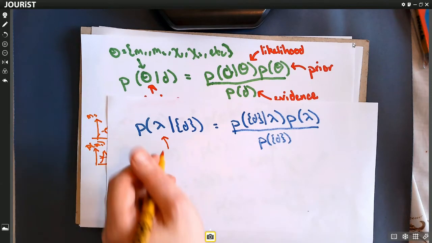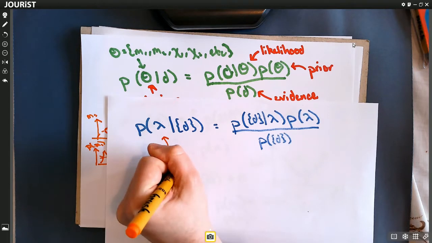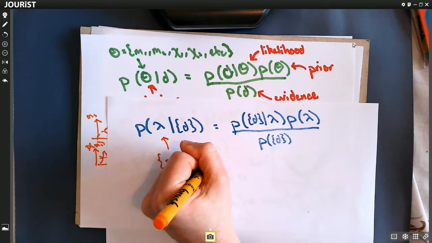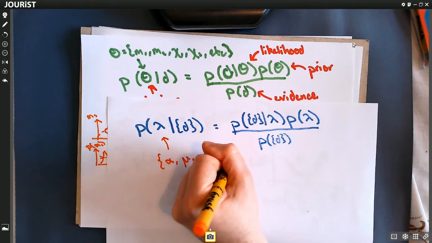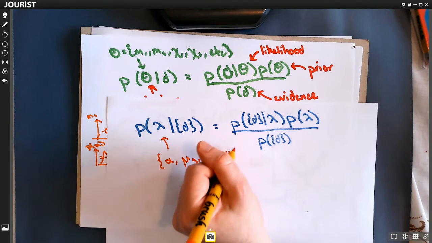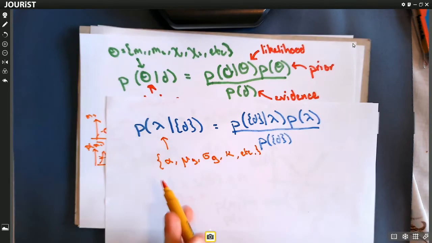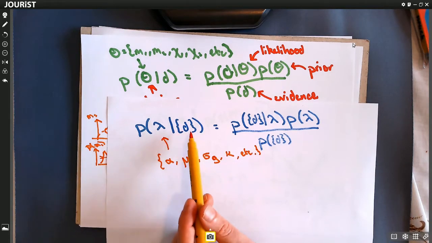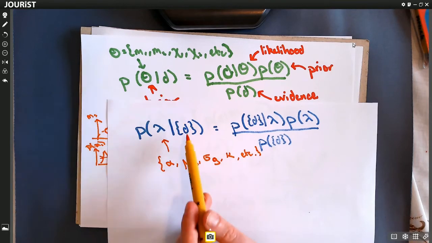So they might be our power law slope alpha, they might be the mean of our Gaussian, the width of our Gaussian, say if we have a power law plus peak model, might be some parameter for a power law of redshift dependence. It could be whatever we want, but it's some set of parameters that will describe our particular model. And we want this given the set of observations. So not just one signal, but the set of them.